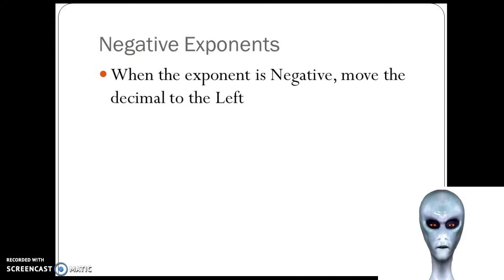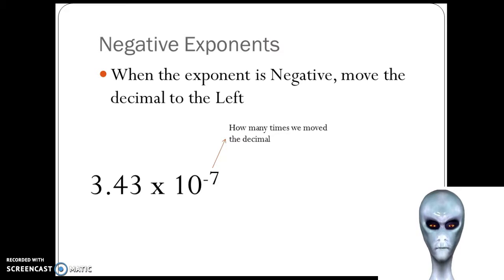So when the exponent is negative, you move the decimal to the left. A negative exponent symbolizes that's a very, very small number. So for example, 3.43 times 10 to the negative 7th power. The negative 7 represents how many times you move the decimal.